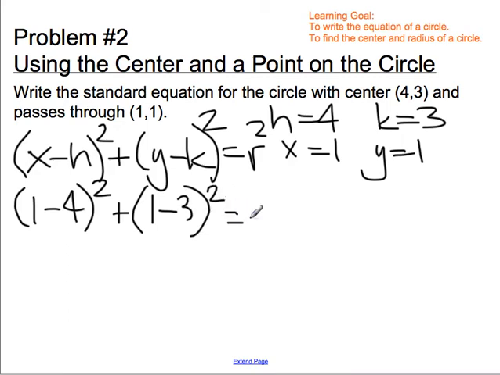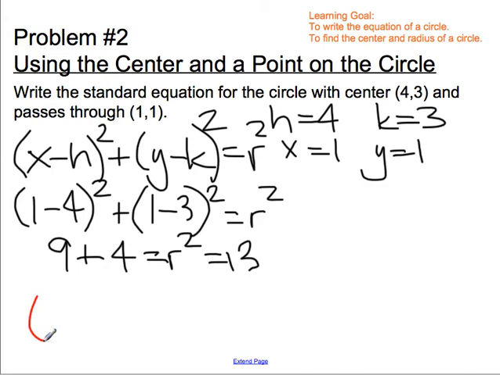And that's supposed to give us r squared. So 1 minus 4 is negative 3. Negative 3 times itself gives us positive 9, plus 1 minus 3 is negative 2, and negative 2 times itself is positive 4. So this equals r squared. And 9 plus 4 is 13. So that gives us the value that we're looking for.